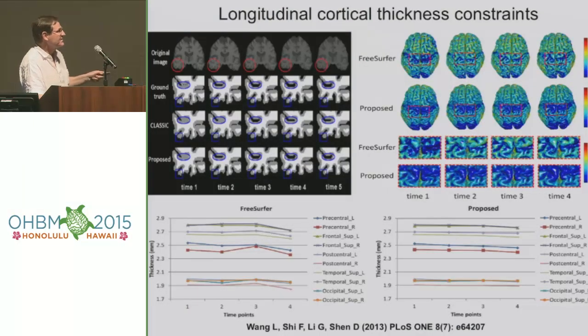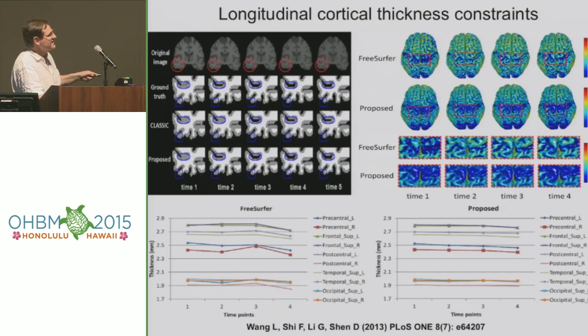However, this field never stops moving under our feet. Wang in 2013 declared that they'd come up with an approach which was somewhat better than the longitudinal approach I just described. They show a comparison here between the Reuter approach and their own proposed method.